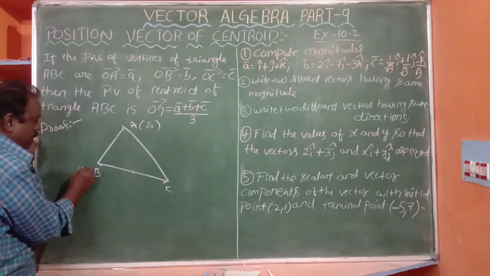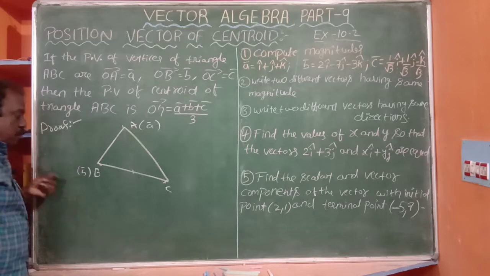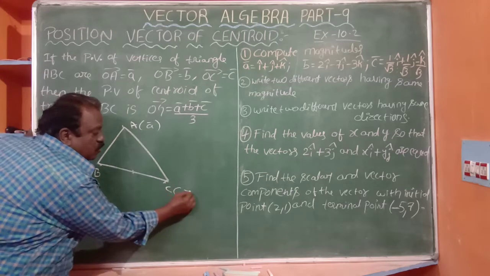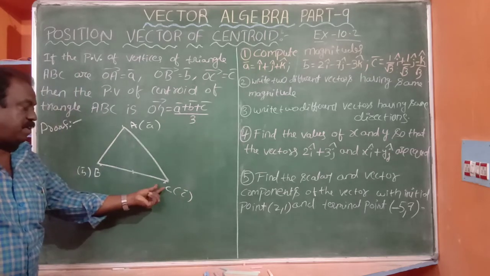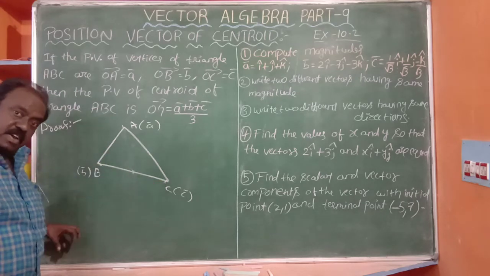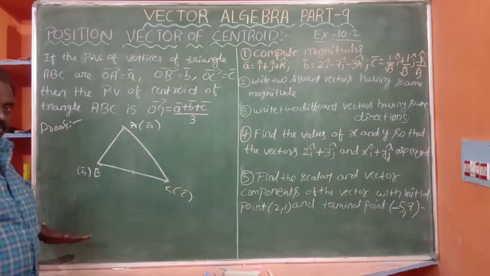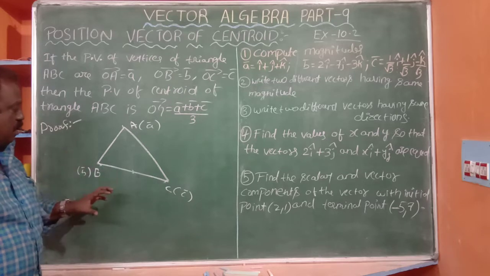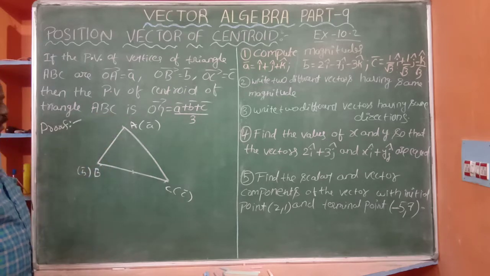Here also B bar in the bracket of B is the position vector of point B. If you write small c bar in the bracket in front of any point, that point is in space and the horizon is somewhere; it is understood. Every time it is not needed to write like that. Now, A bar, B bar, C bar are position vectors of the vertices of triangle ABC.